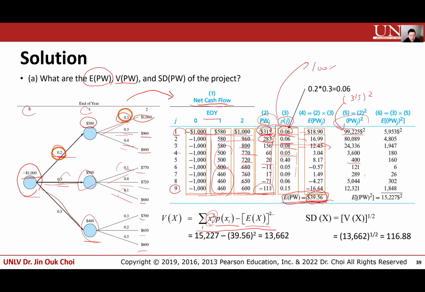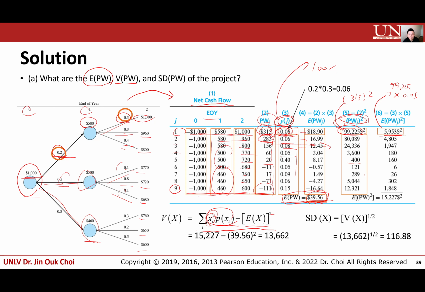Then we multiply by the probability Pj. So 99,225 multiplied by probability 0.06 gives us 5,953.